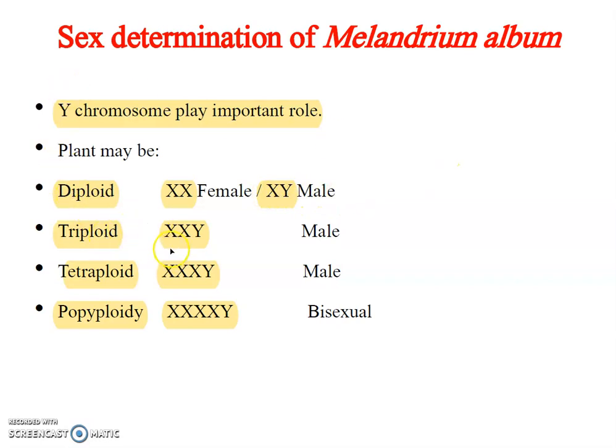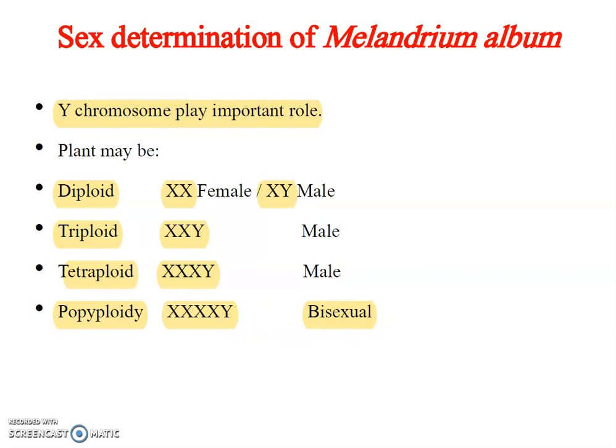In the triploid, XXY, if this condition is there, male is produced. XXXY in the tetraploid condition also produces male, while if there are four X chromosomes and one single Y chromosome, bisexual flowers are produced. So in diploid, triploid and tetraploid, males are produced, while in the polyploid, bisexual flowers are produced.